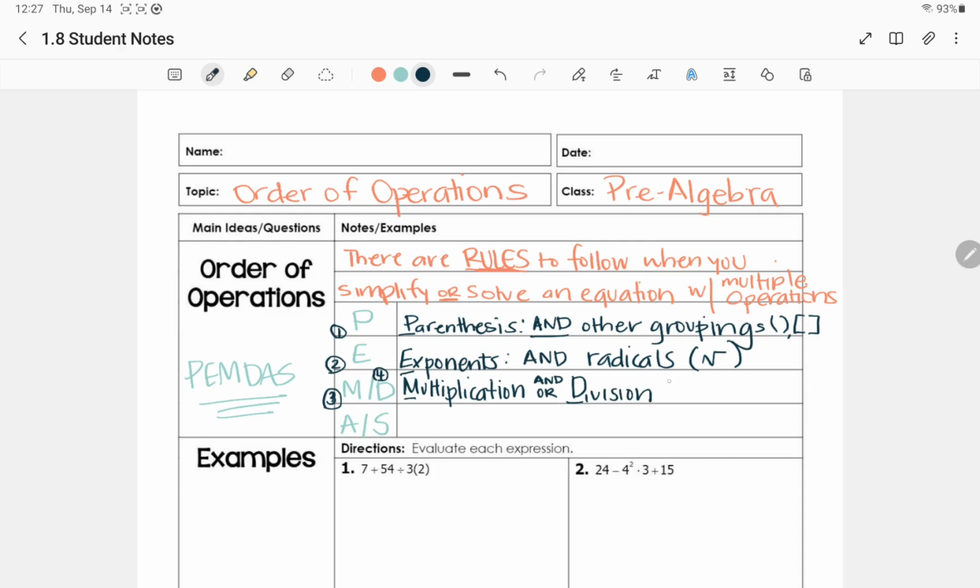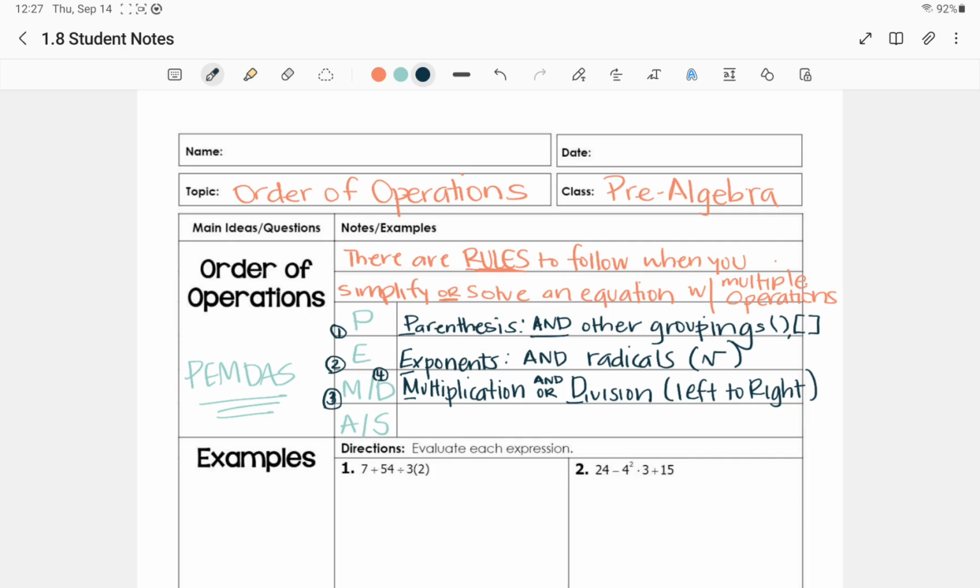You just move left to right, whichever one comes first. There's not a rule that says you have to do all the multiplication before the division, or all the division before the multiplication. No. If there's only multiplication and division left in an equation, then just do whichever one comes first.